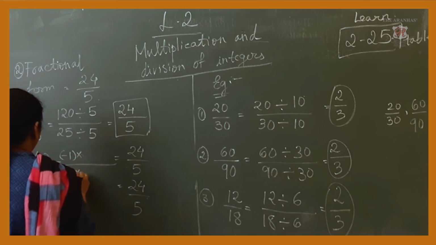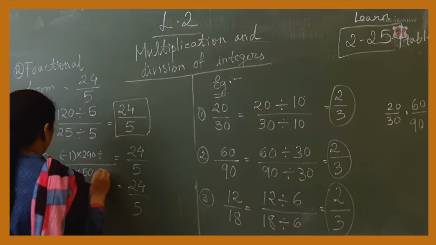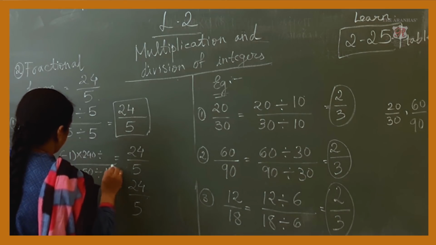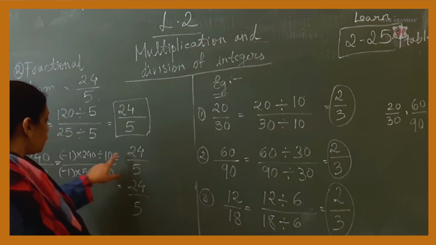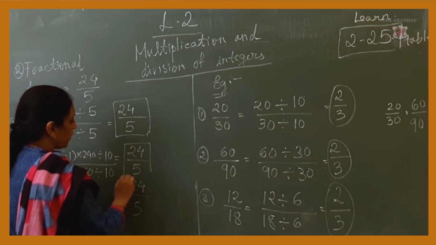Then I take positive, now it became positive because I have taken the minus sign separately. I can divide by 10. So after dividing both the numbers by 10, I get 24 from 240 and 5 from 50. So the number becomes 24 upon 5.